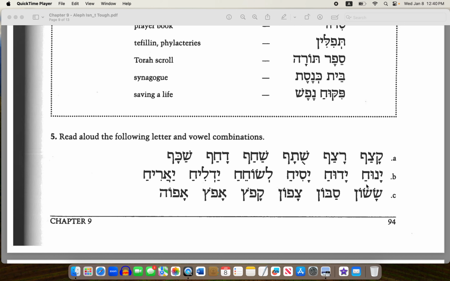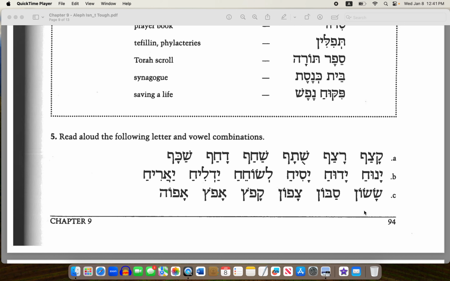Again, it's only going to appear with this one line vowel sound. Goes before the cha. Okay, so Yanuach, Yaduach, Yasiach, Lisocheach, Yadliach, Ya'ariach.